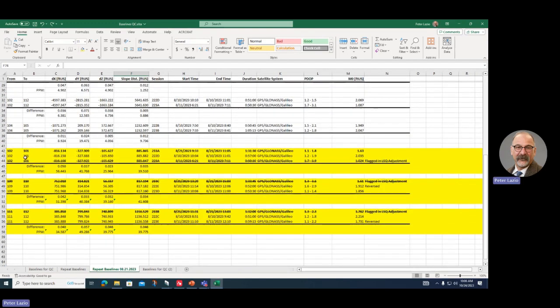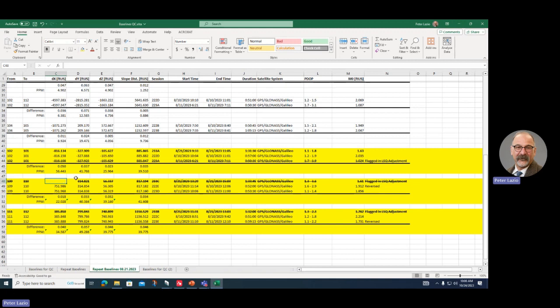Here you see where now I have three, and I could play with which one I wanted to take out. Does just taking that one out help? No. Does just taking that one out help? It's still over 20 parts per million. Taking this one out, 27 parts per million.